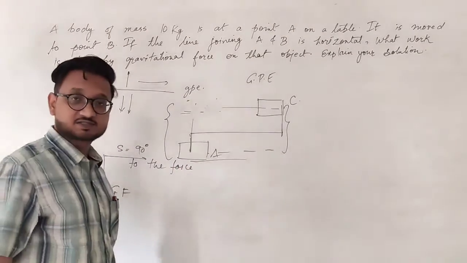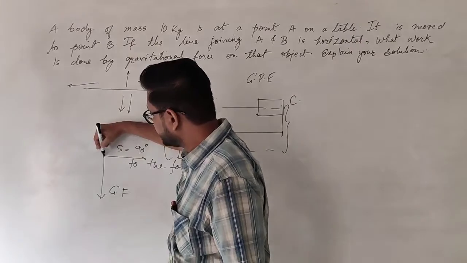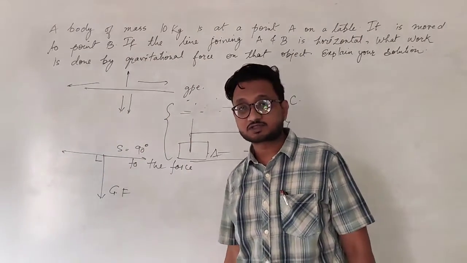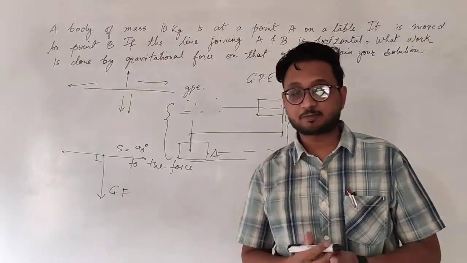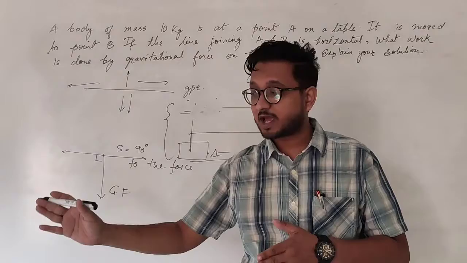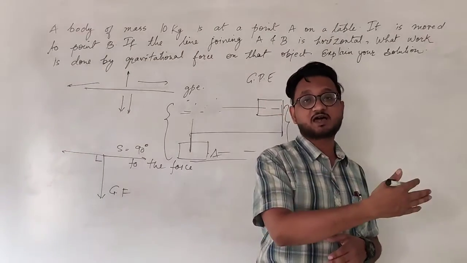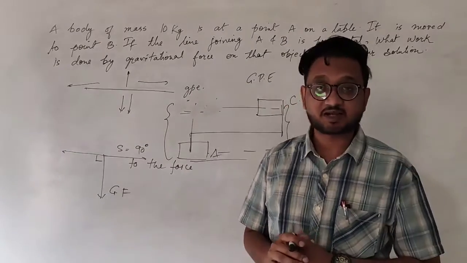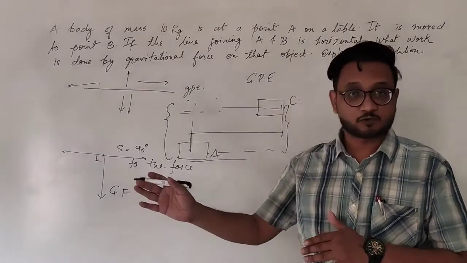Then no work is done. Even if the object is moving in this direction, once again it is 90 degrees to the gravitational force. Or for any force, for example, if the force is acting in this direction, then the displacement should happen in this direction or in this direction. If it is going at 90 degrees, no particular displacement has been done according to the force.